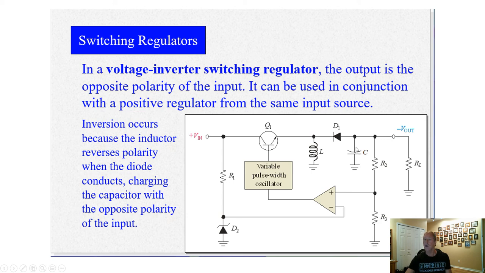But notice the common element between all these, this op amp here. This op amp receives the reference voltage and also gets the feedback here from the voltage divider. This one's opposite because it's an inversion circuit.